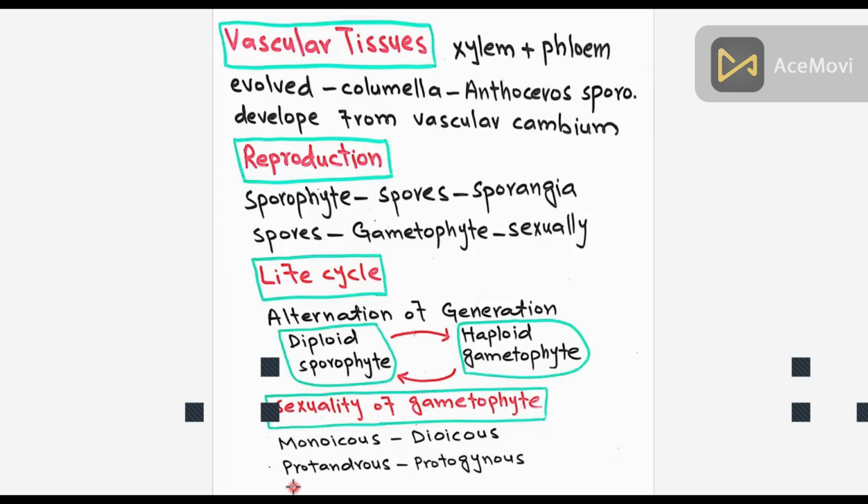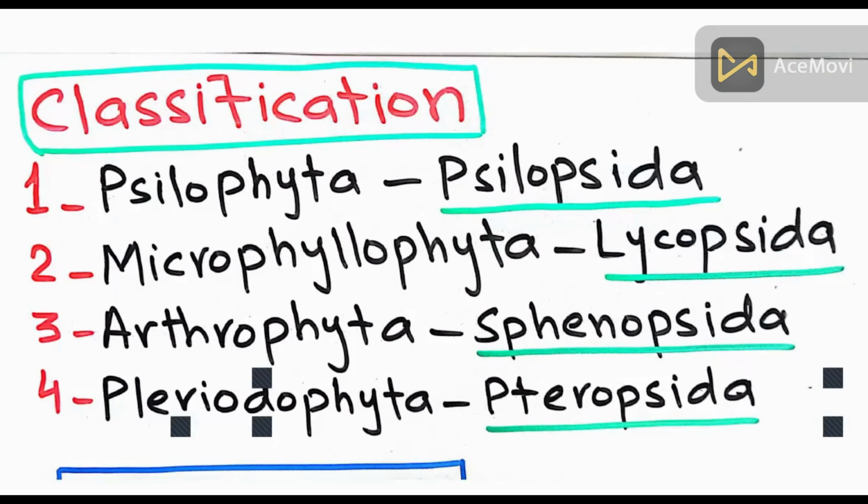Protandrous means antheridia mature before archegonia. It means male first, then female. But protogynous means archegonia mature before antheridia. Female first, then male.